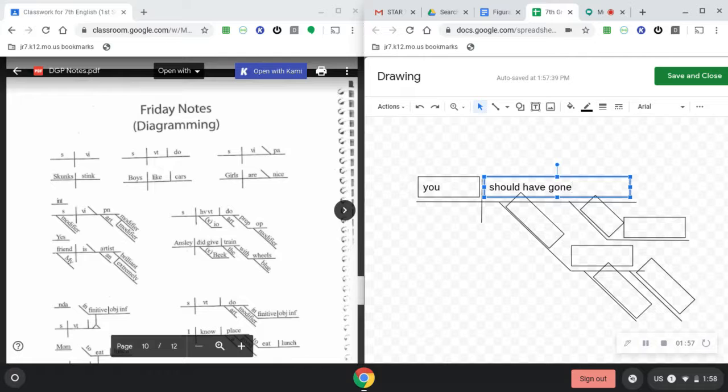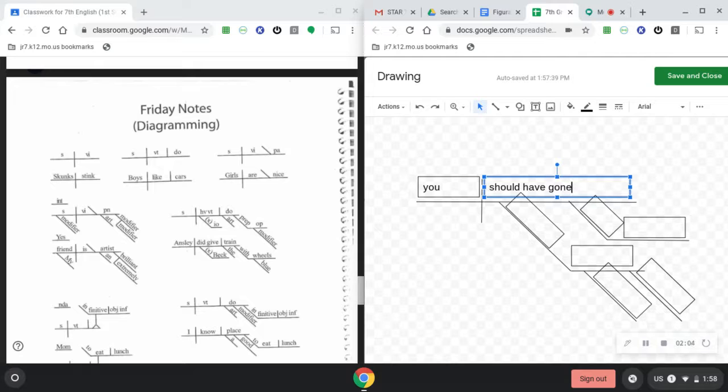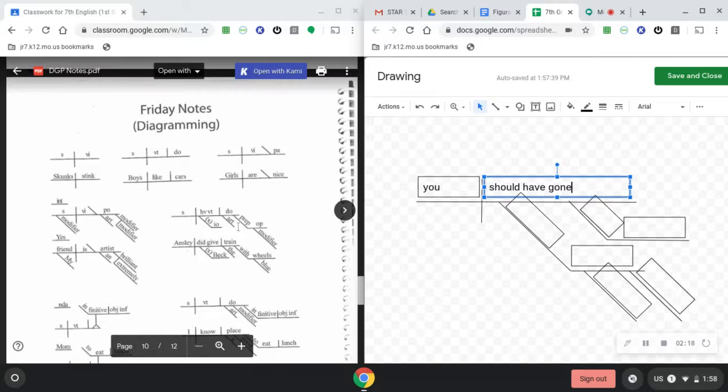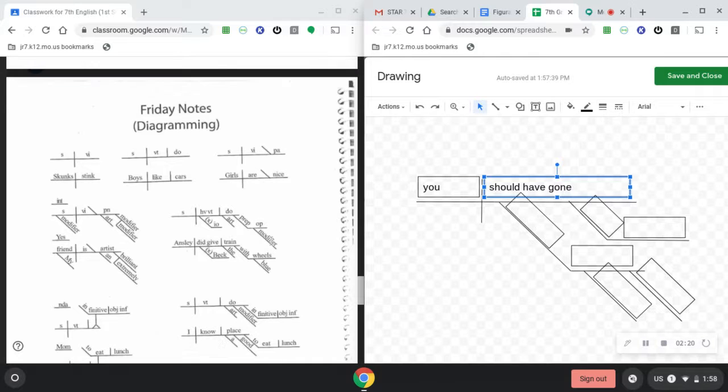Starts with a P. It's a preposition. If you look at this one down here, second row, second one over, it has a preposition, an object of a preposition, and a modifier, right?